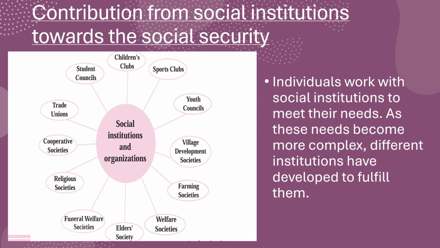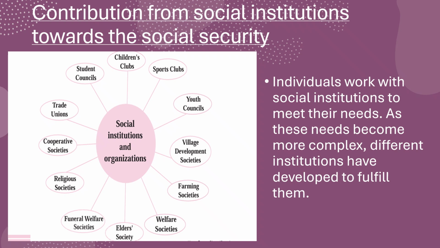Now, let's start with contribution from social institutions towards the social security. Individuals work with social institutions to meet their needs. As these needs become more complex, different institutions have developed to fulfill them.